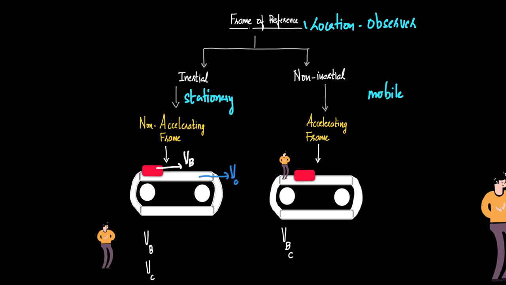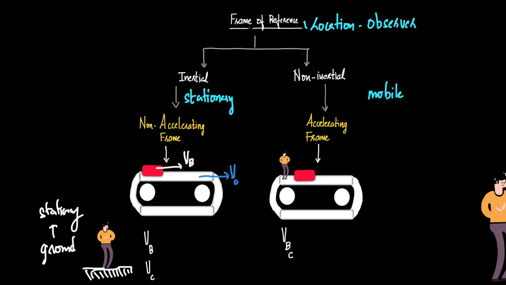So we can see a person standing outside. Now where is he standing? That's also important. He is standing somewhere over here on the road, which is the ground, and the ground is stationary. So the person is observing the man or the object inside the bus, which is moving with some velocity VB, and the bus is also moving with some velocity VC.